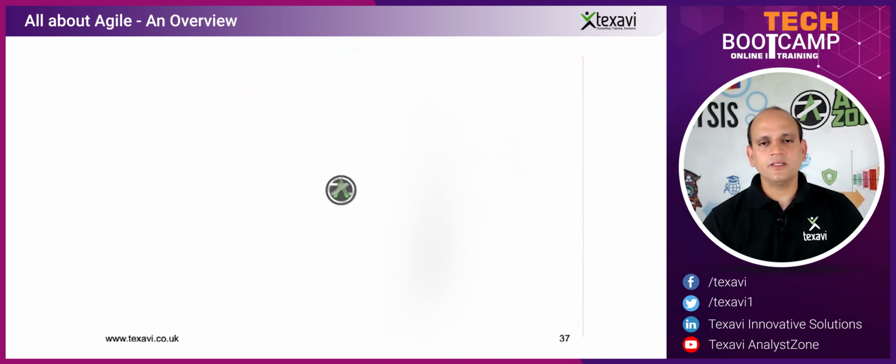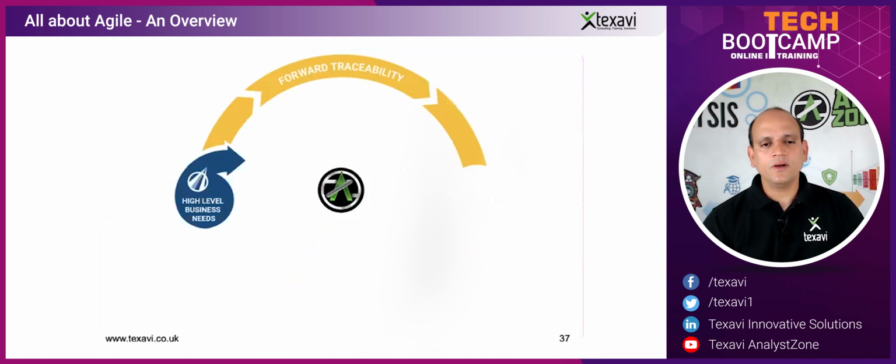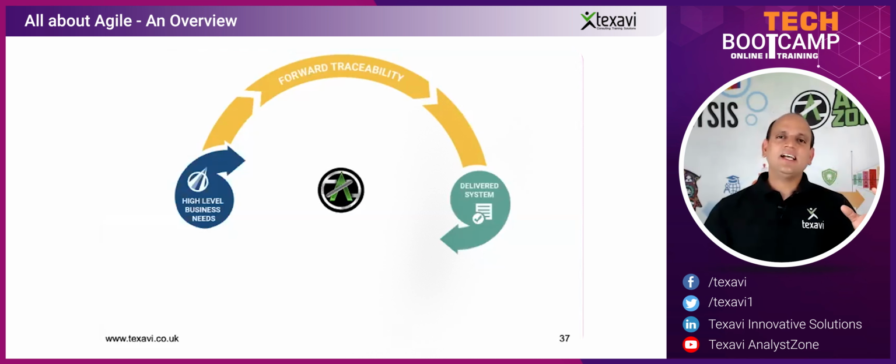In terms of traceability, you know that for Agile, it's all about the traceability forward. So there's something called forward traceability. This is where there's a business idea, and then how that gets translated into an actual product.